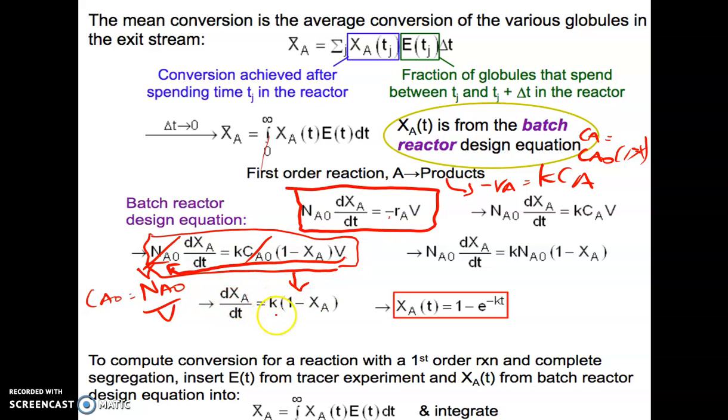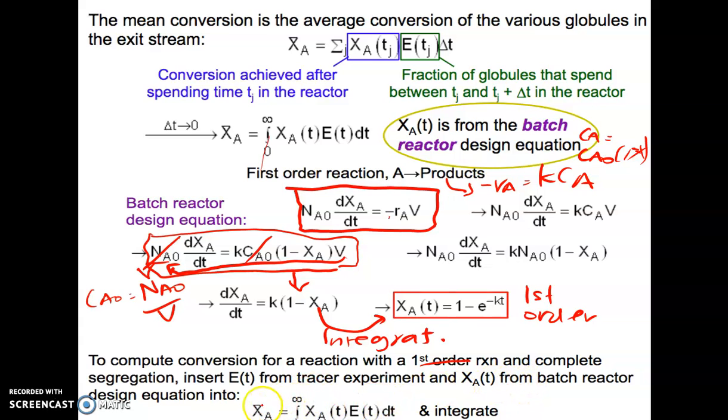When you integrate it, you get that equation. So this is X(t) for a first-order reaction. To compute the conversion for a first-order reaction with complete segregation, insert the E(t) from the tracer experiment and the X(t) from the batch reactor design.